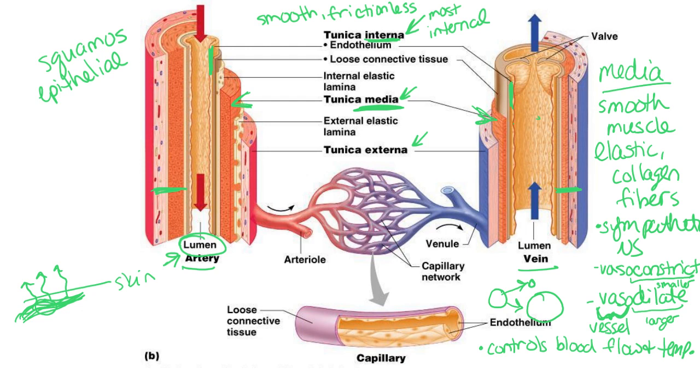And water has what we call a very high specific heat, meaning it takes a lot of energy to raise and lower the temperature of water. And so water retains heat very well. So when I vasodilate and have a lot of blood flow by the skin, the heat from the water can start to escape across the skin.